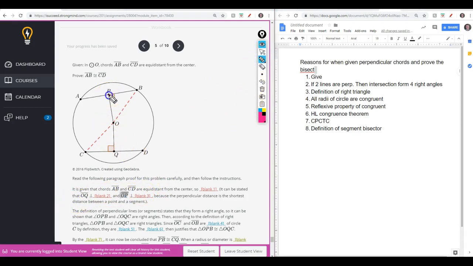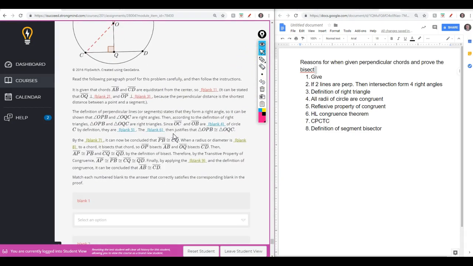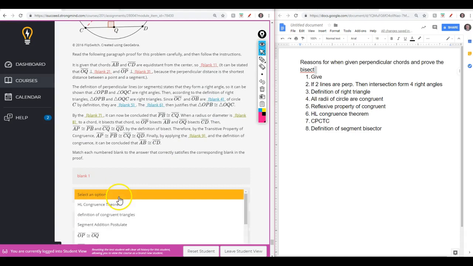I'm also noticing that OP and OQ, the ones that they listed, are radii. So radii means that they're congruent to each other. So for blank 1, I'm looking for something that says they're radii or they're congruent to each other.